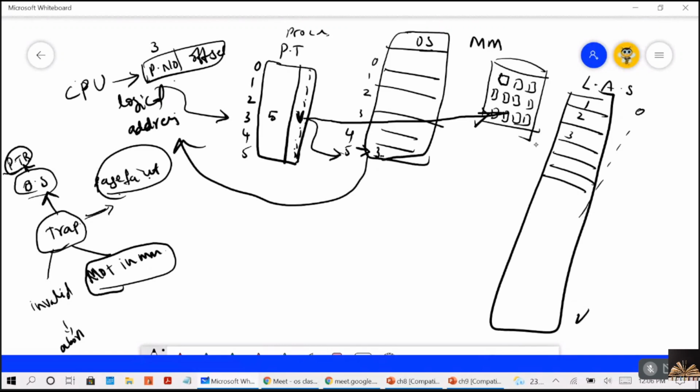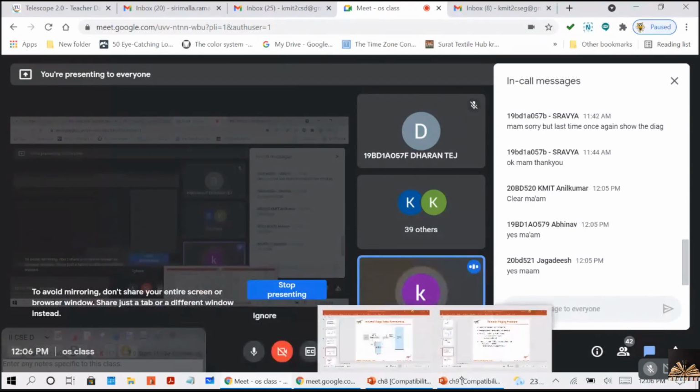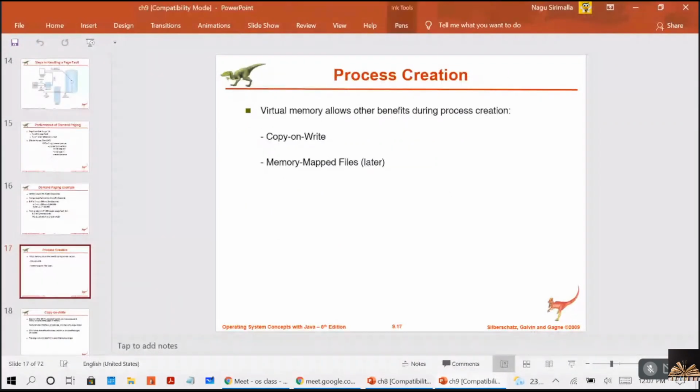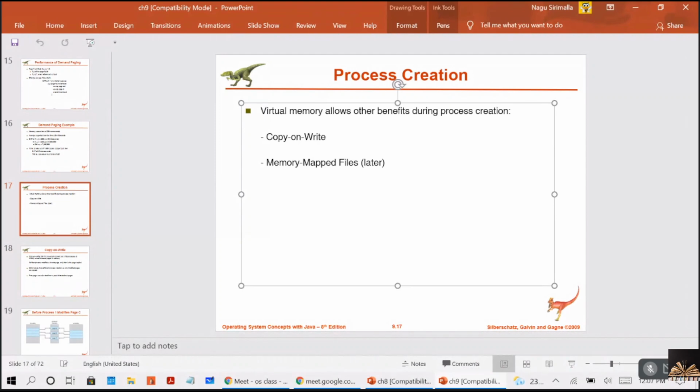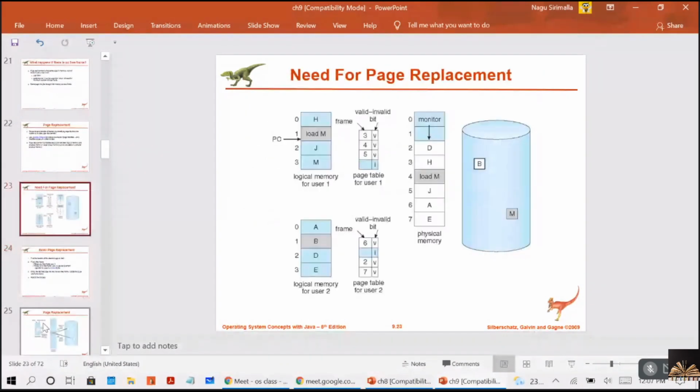You have to take one of the pages out and load the new requested page in. So which page among the frames has to be taken out is decided by making use of the page replacement algorithms.